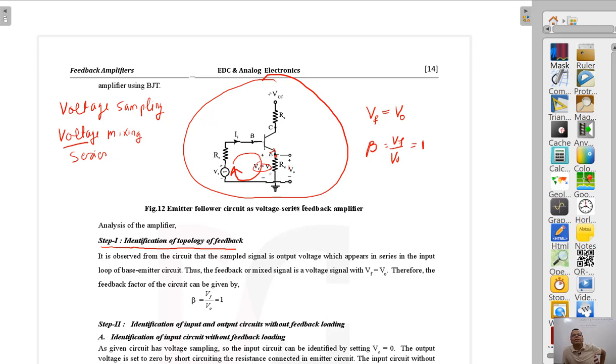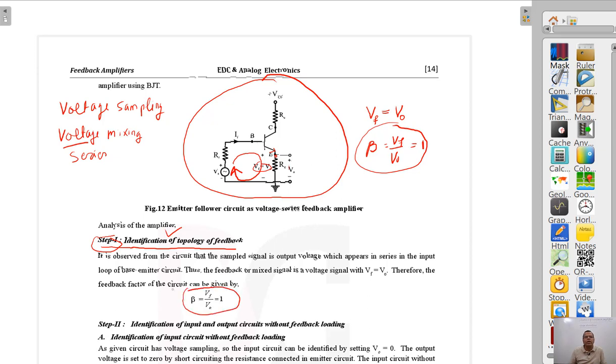So we say the feedback voltage is the output voltage itself, and since it appears in series with the input voltage, we call this series mixing. That first step we have already completed. This is voltage series feedback, and beta is 1, as given here.